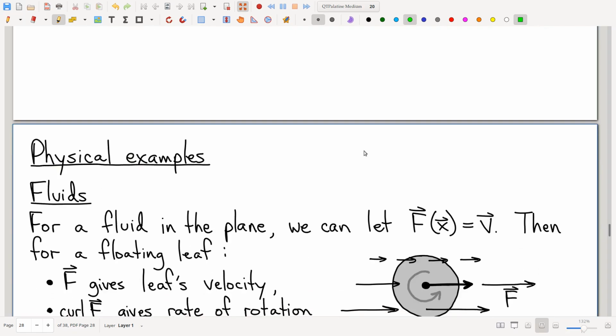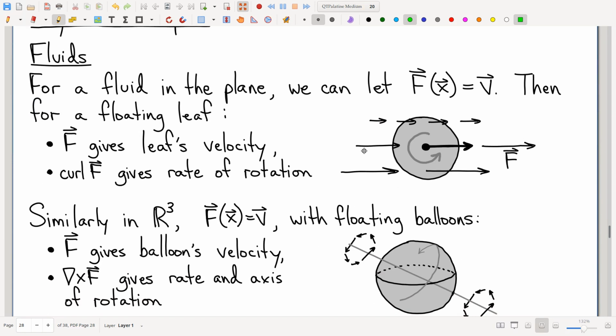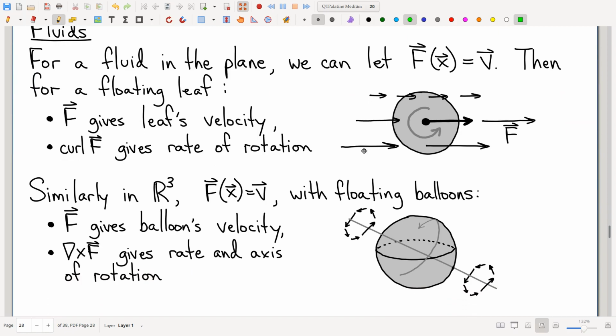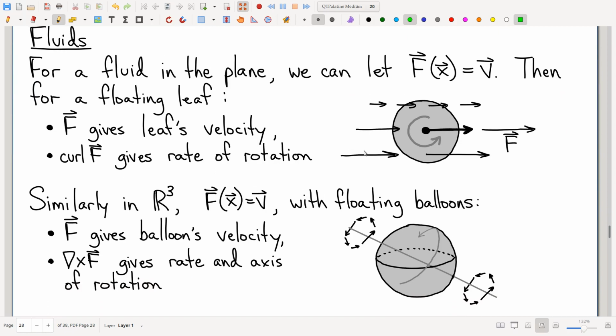Alrighty. A couple of physical examples. This first one is just piggybacking off of an idea we've already talked about.